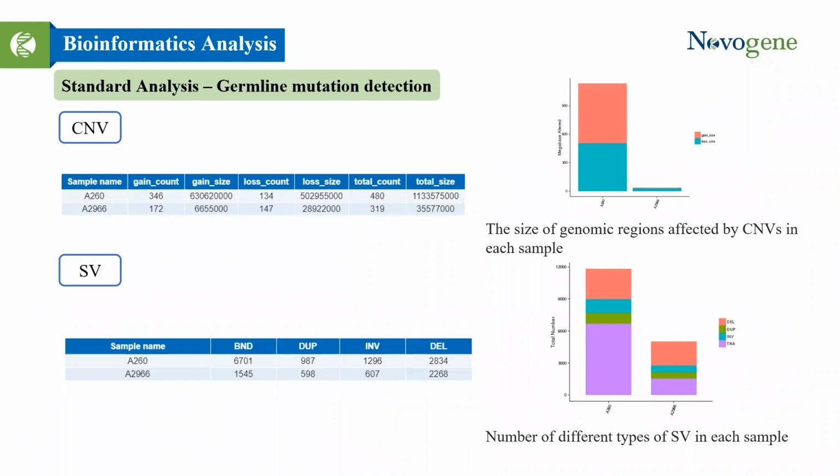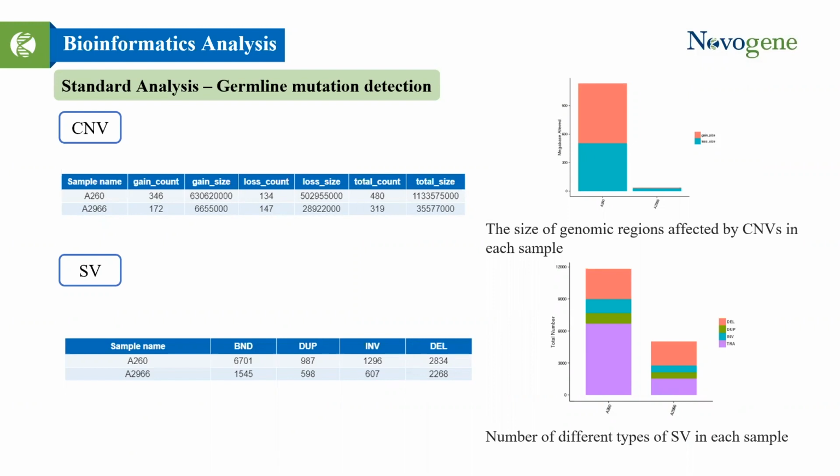Apart from SNV and indel, we also offer both CNV and SV detection for human hWGS, and only CNV for human hWES. Firstly, we summarize the detected CNV and generate the table on the left.